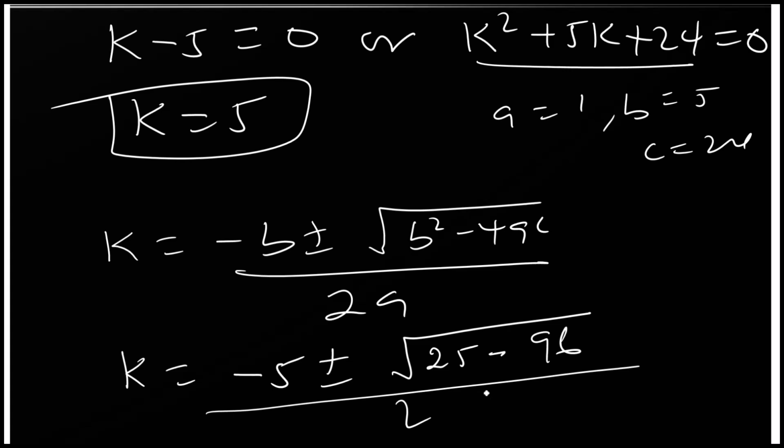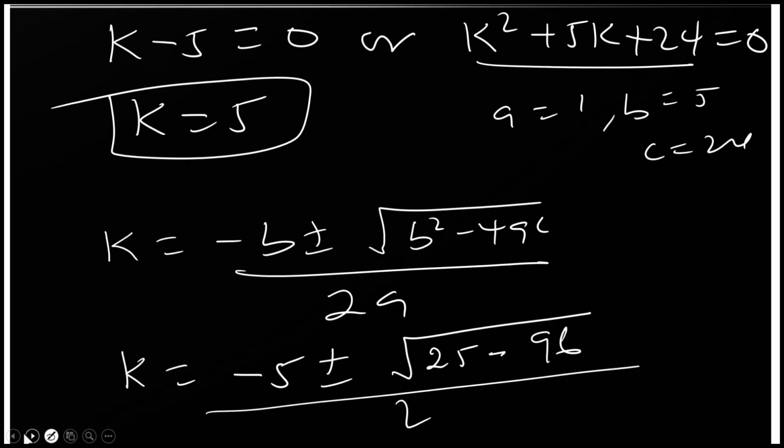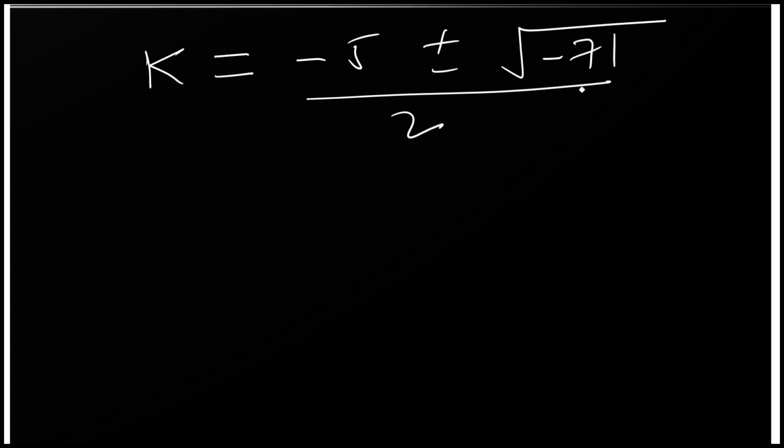So 25 minus 96 will be minus 71. Minus 5 plus or minus the square root of 71 over 2.